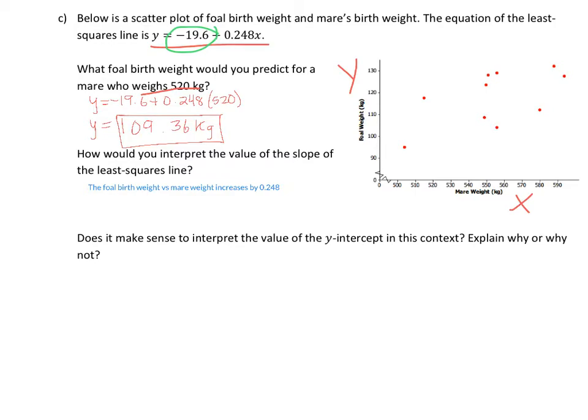Okay, so let's jot that down in a proper explanation here. So does it make sense to interpret it?